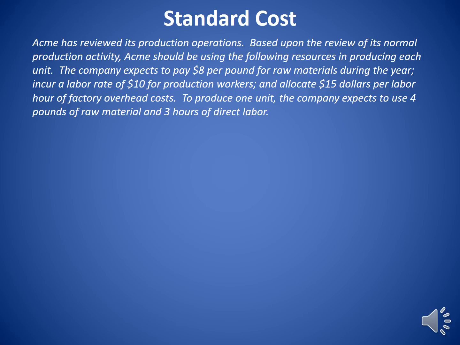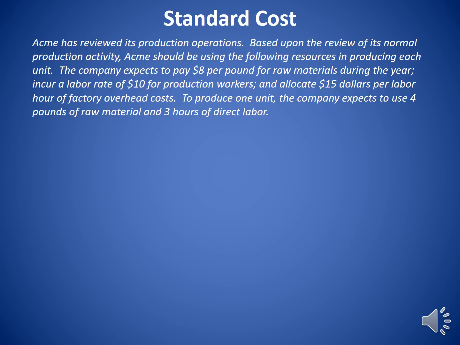Here we have Acme, who has reviewed its production operations, and based upon the review of its normal production activity, Acme should be using the following resources in producing each unit. Now, I didn't mention what the unit is. It could be a car, it could be a truck, it could be a widget. It doesn't matter. We're just talking about one production unit.